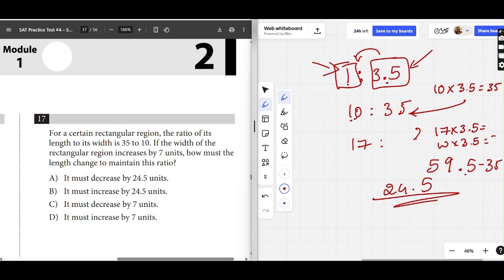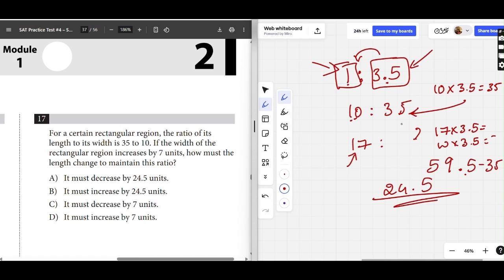But whenever you find that the root relation is given in such a way that 1 is to 3.5, it means the increment must be more, not 7, but something more than 7. Therefore, you can say that. Okay. So if it's 17, then 3 times more than 17 is something greater than 35.